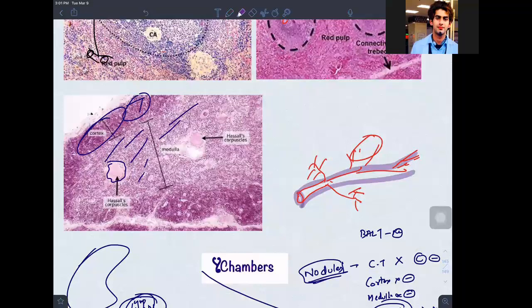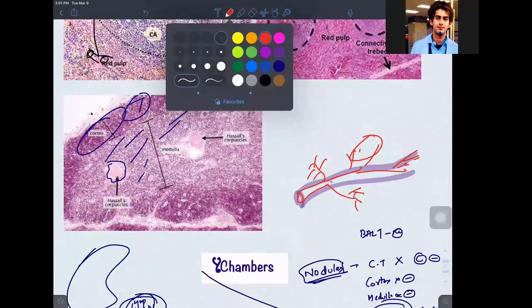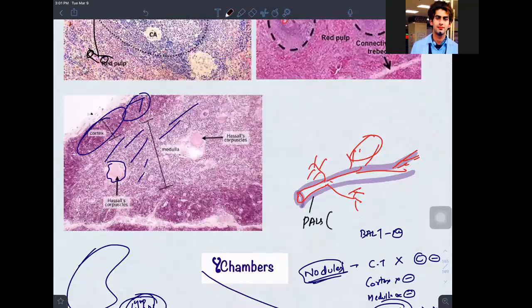That's not a pulse. So we have the periarterial lymphatic sheath. And we can see some trabeculae also.